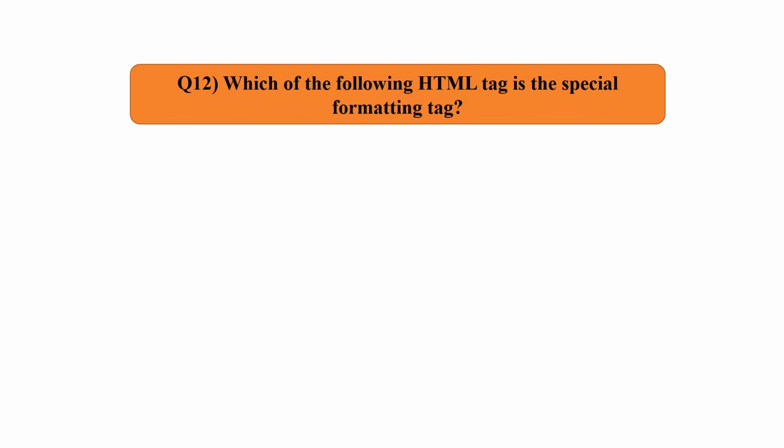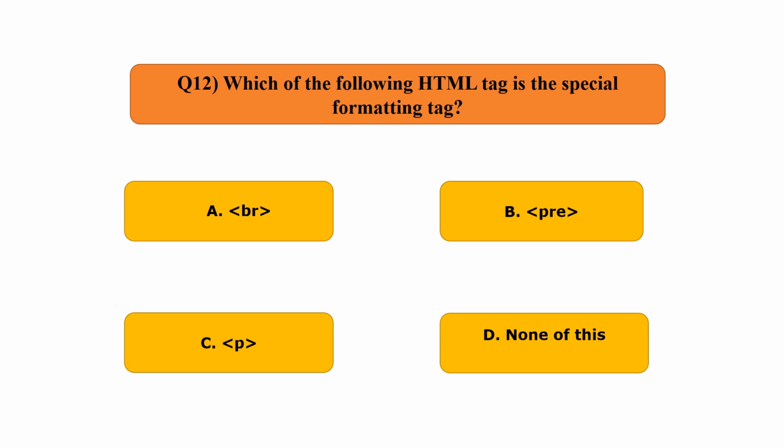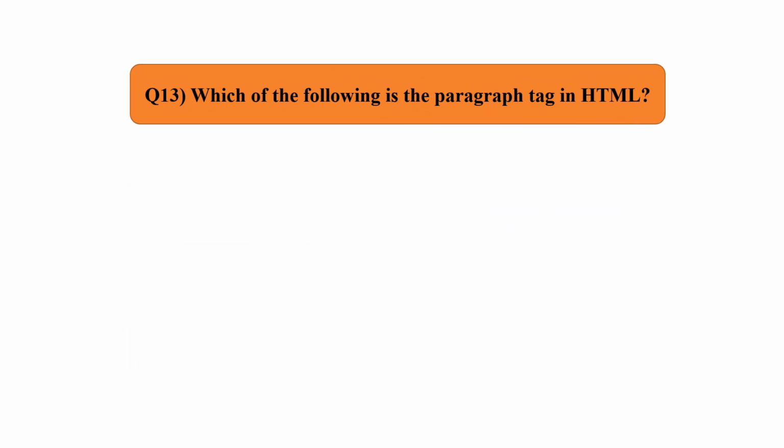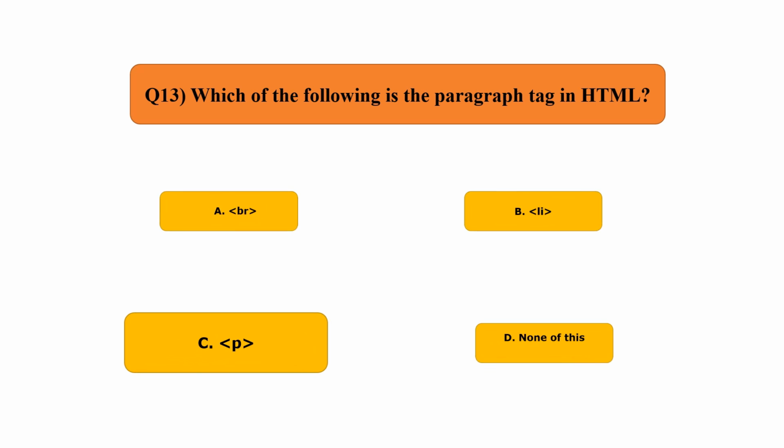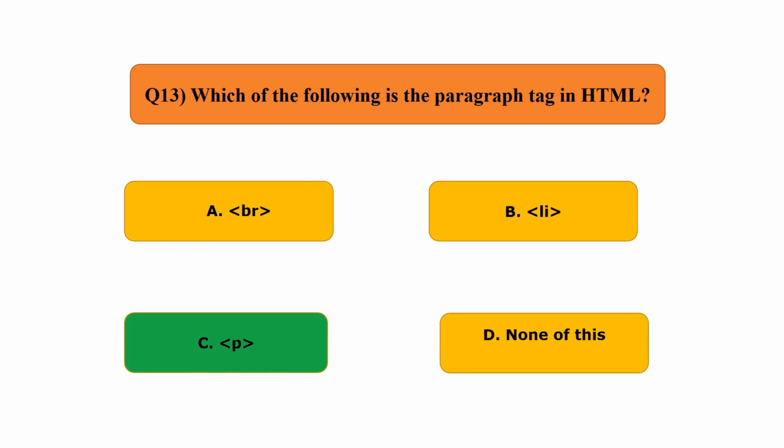Answer B. ID. Which of the following HTML tag is the special formatting tag? Answer B. BR. Which of the following is the paragraph tag in HTML? Answer C. P.